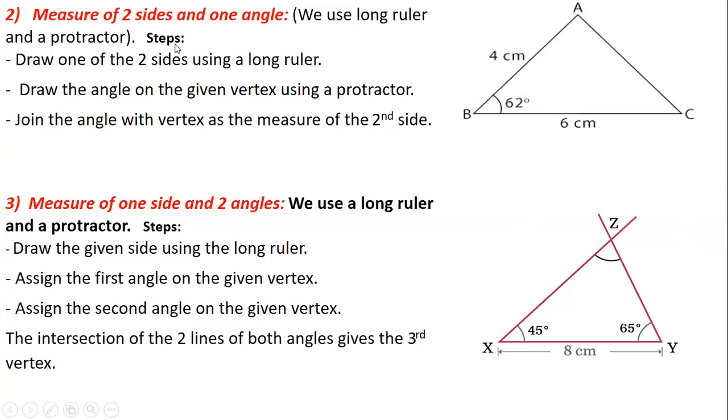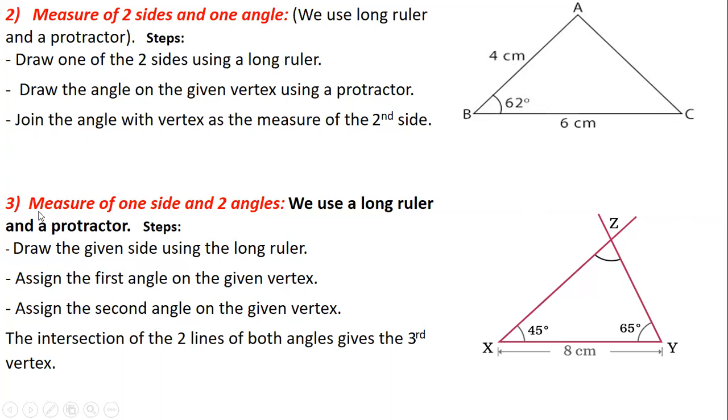Here we use the long ruler and a protractor. First, we draw the first side. So first I draw side BC. Then on the vertex B, I assign the angle, which is 62 degrees, and I draw BA, which is 4 centimeter, using the long ruler. Then I join to get the third side.